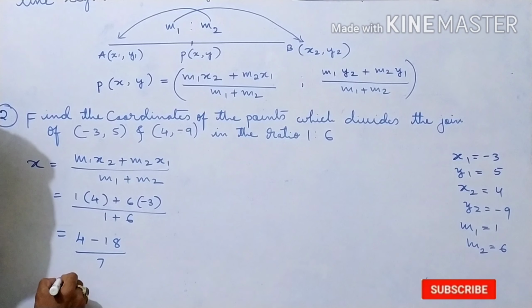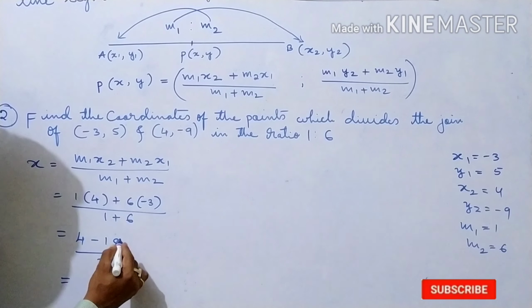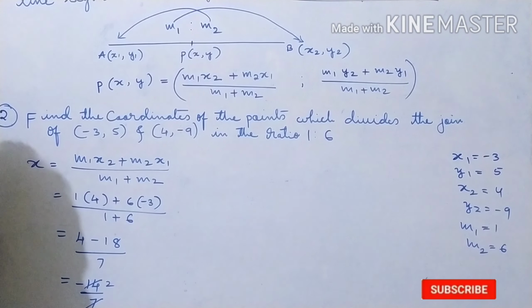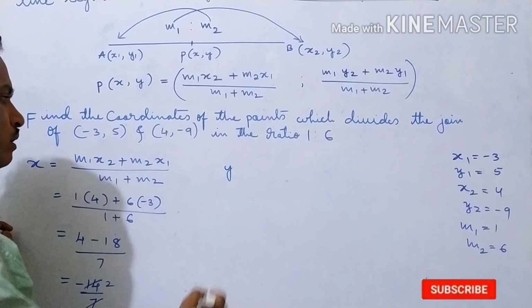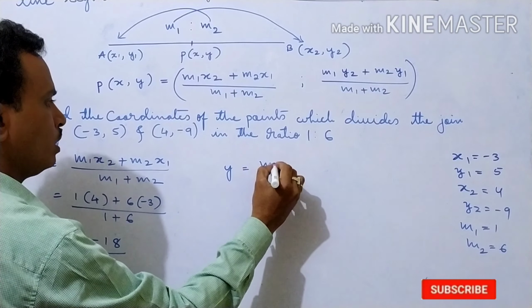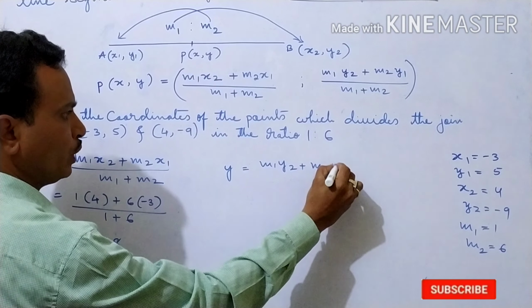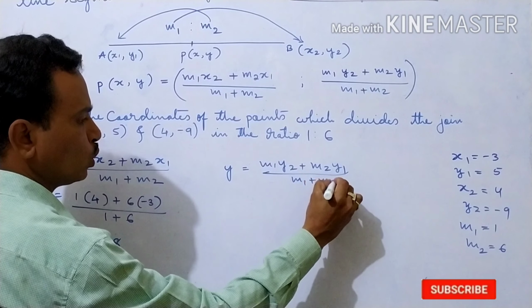So this is equal to, now 18 minus 4 is 14, the bigger number's sign is minus, so minus 14 divided by 7. Now reduce it: 7 ones are 7, 7 twos are 14. So this is equal to minus 2. So the x value we got is minus 2 here. Next, to find the y coordinate: m1 into y2 plus m2 into y1 whole divided by m1 plus m2.